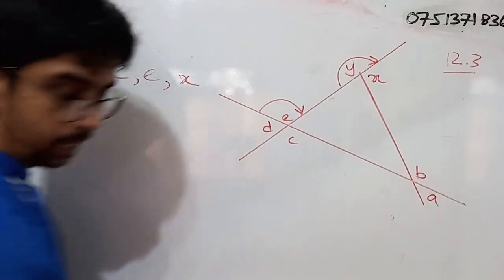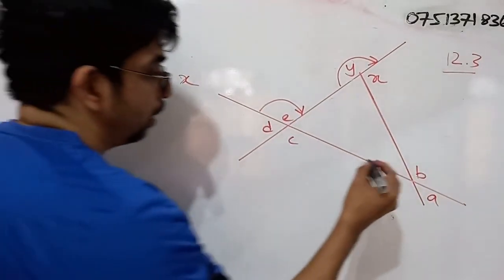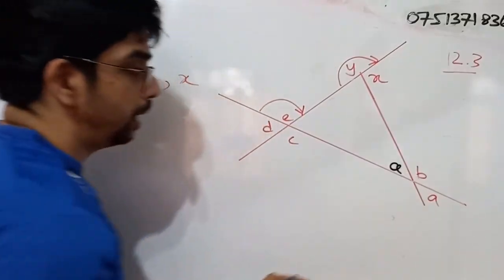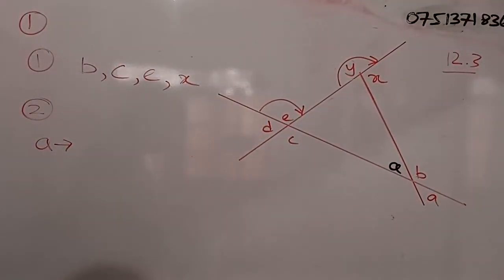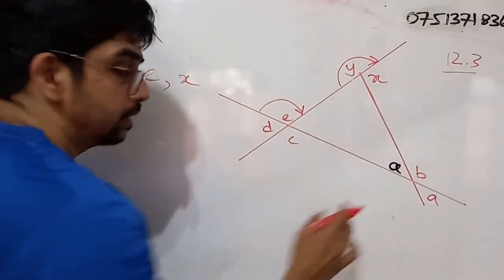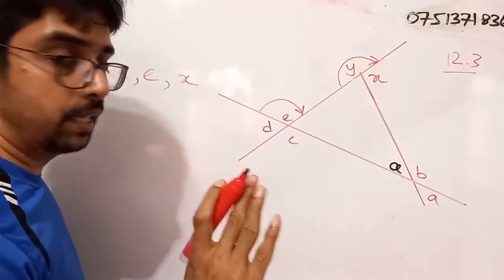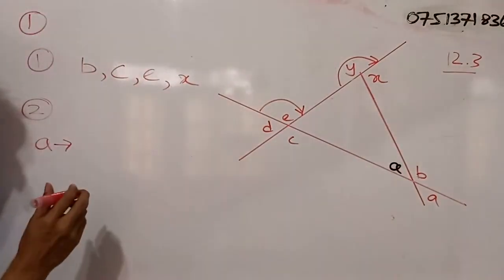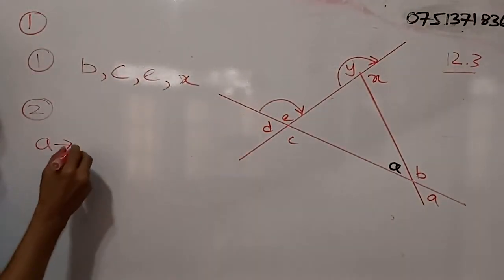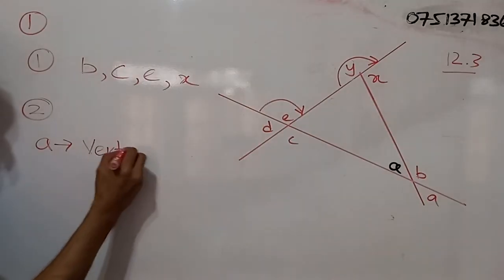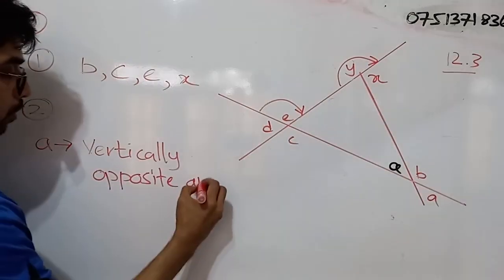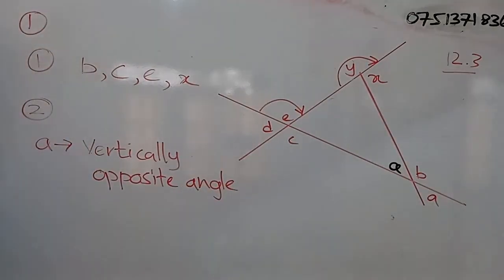If this is simple A, then we know this is also simple A. Why? Vertically opposite angles. So simple A, since it is a vertically opposite angle, it is not what? It is not an exterior angle. So this is what? Vertically opposite angle. So that will be the reason.